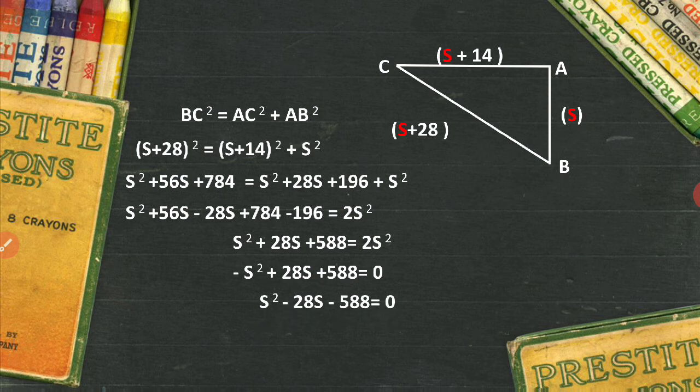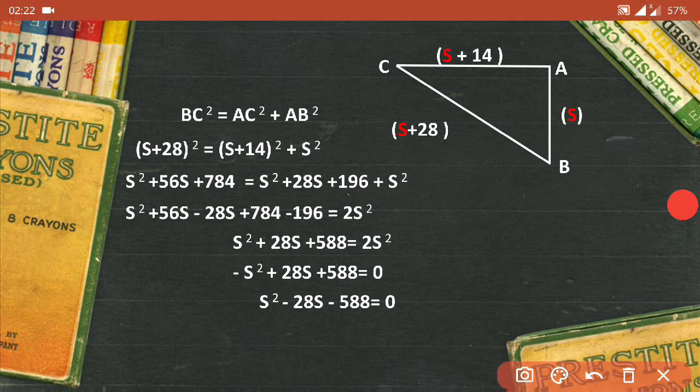I'll help you understand it. So S plus 28 the whole square, this is nothing but A plus B the whole square. So I have expanded that using the identity A plus B the whole square. It would become S square plus 56S plus 784, that is the square of 28.